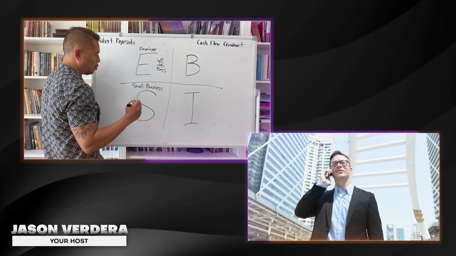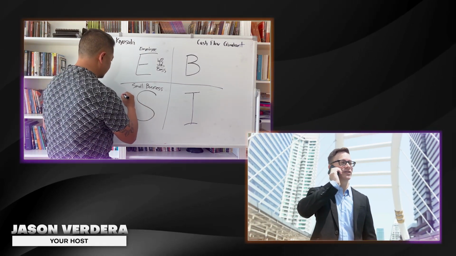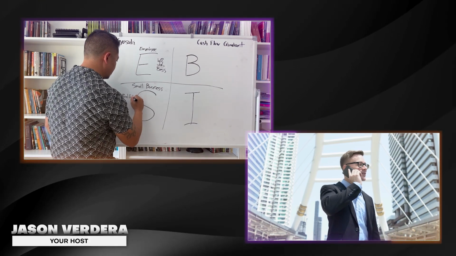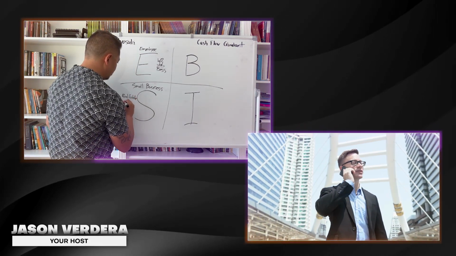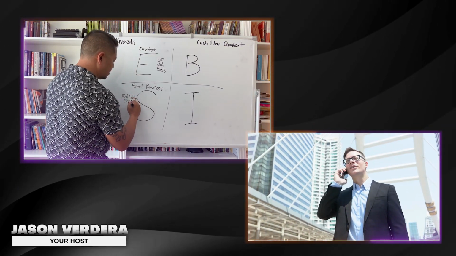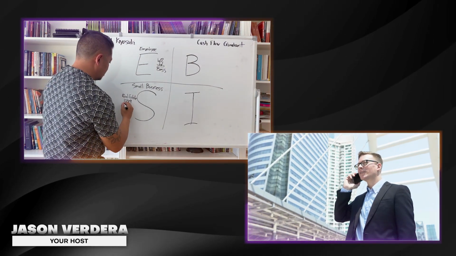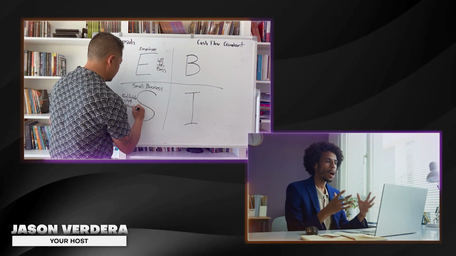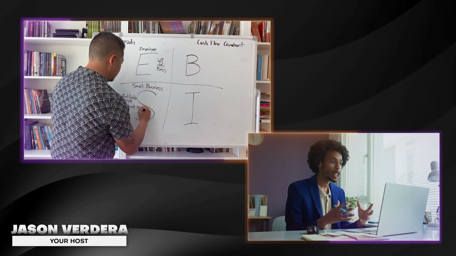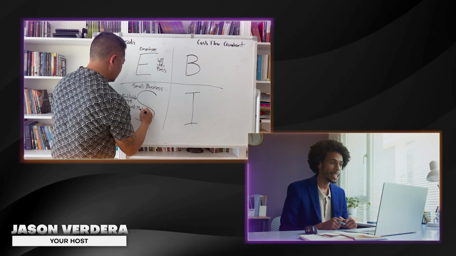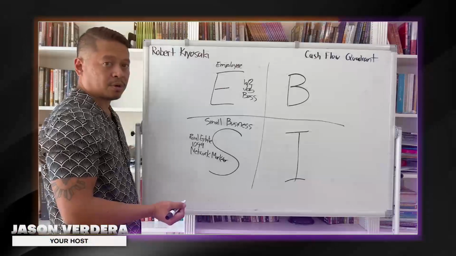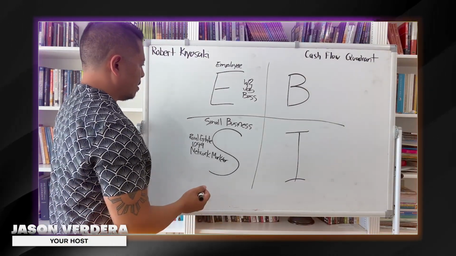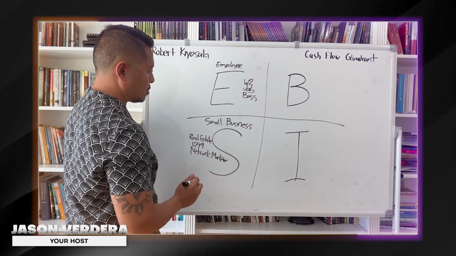These are your real estate agents. They're usually 1099 contractors, also network marketers, also doctors, lawyers. Those are small business owners.